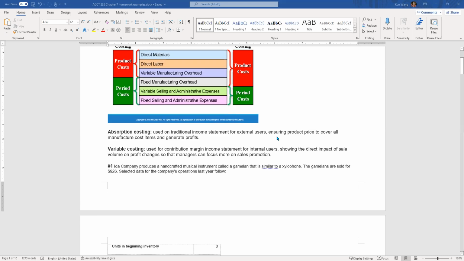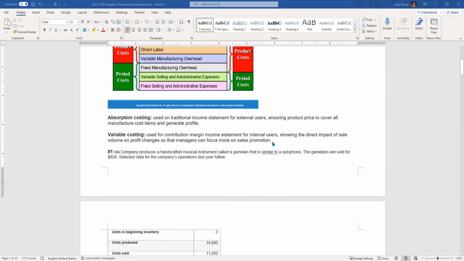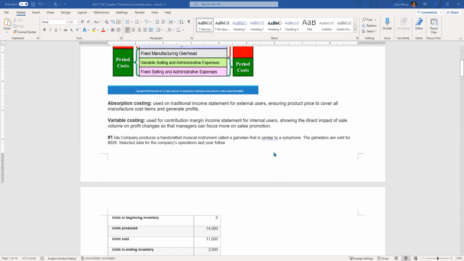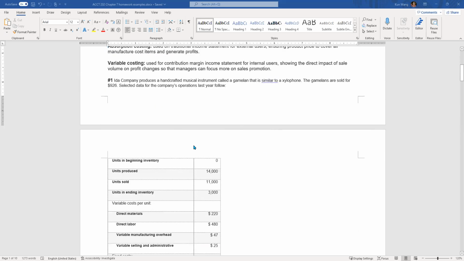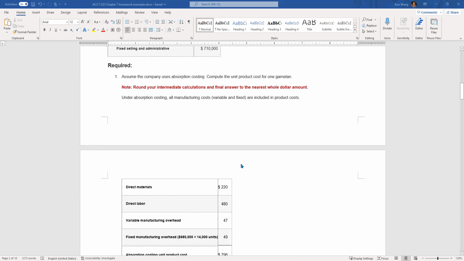And in the homework, number 1 and number 2 are related to the understanding and the application of the two cost concepts. Number 1, the question is a direct application of the concepts, so we can calculate the absorption costing per unit and the variable costing per unit.